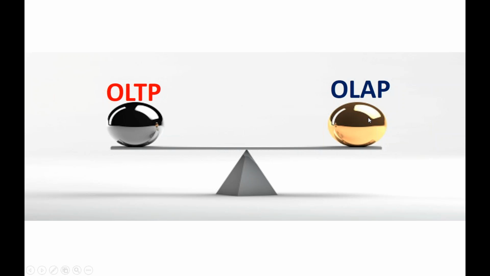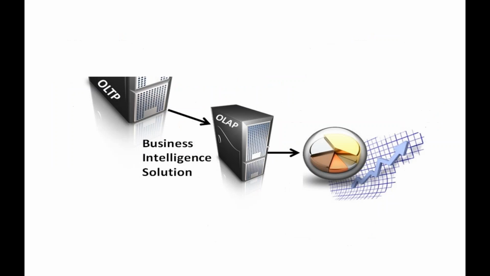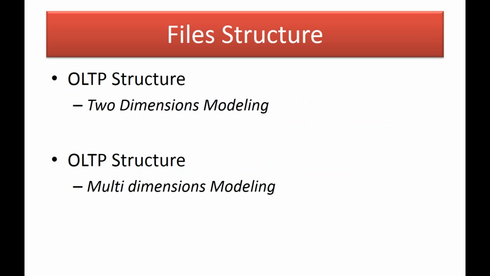An online analytical processing system is where you can store historical data, which is your SAP BW data warehousing system. We call it an OLAP system, right? The OLTP system contains a file structure of two-dimensional modeling, but OLAP, I'm sorry, this is the OLAP system.